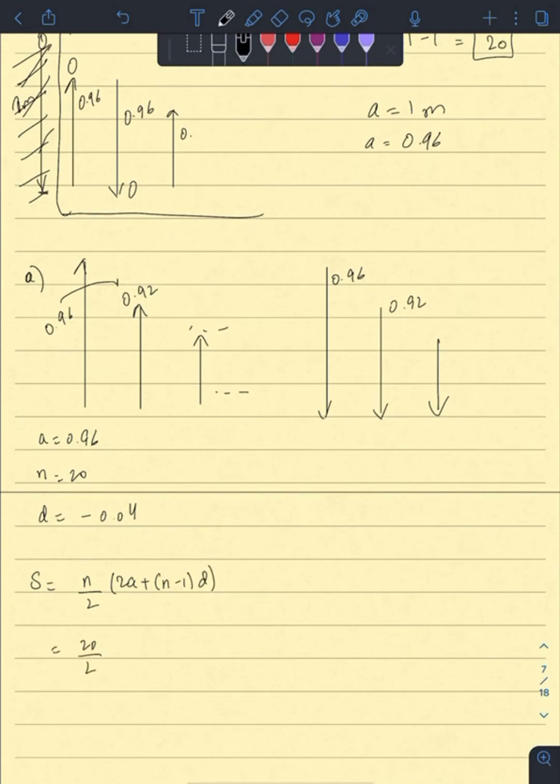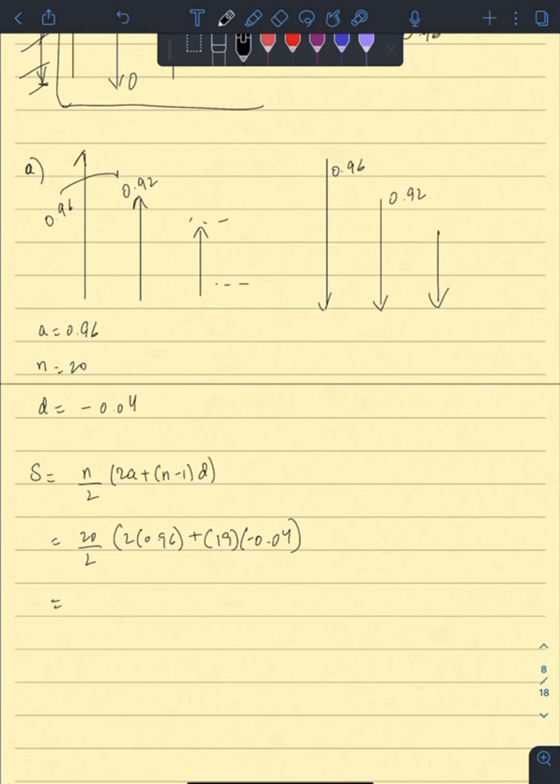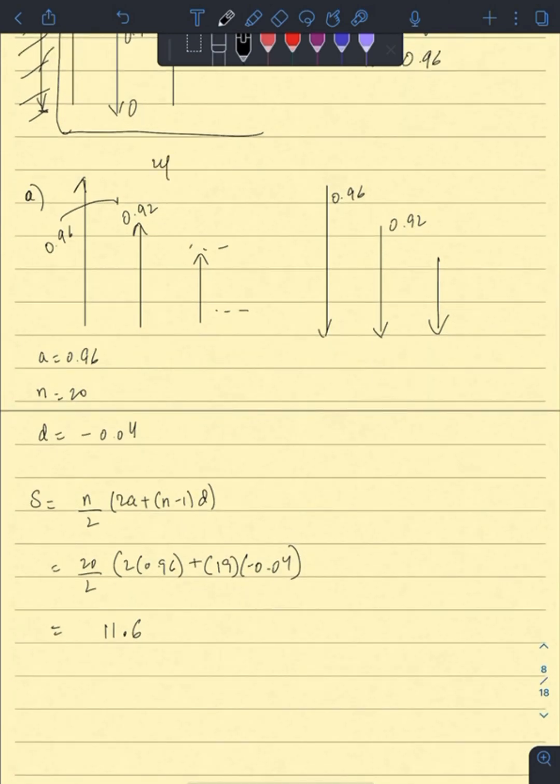I have n as 20 and a as 0.96, 19, 20 minus 1, and then negative 0.04. I'll get 11.6.